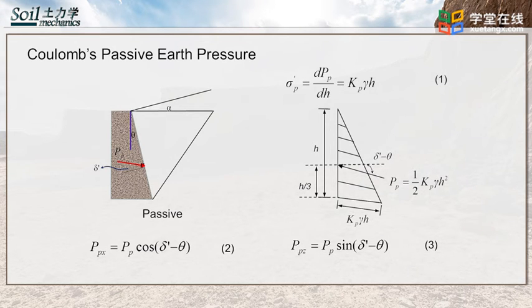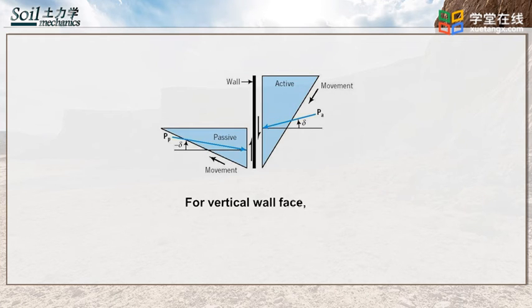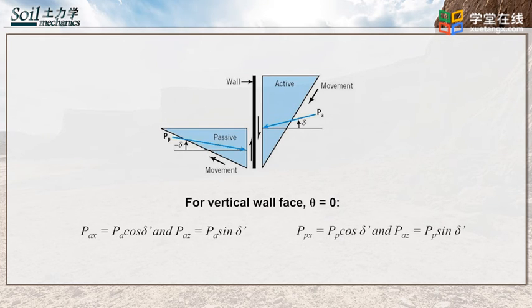According to the force triangle, we can also determine the horizontal and the vertical earth force as shown in equations 2 and 3. For the vertical wall, where theta equals 0, Coulomb's active and passive earth force in horizontal and vertical directions can be calculated using given equations.